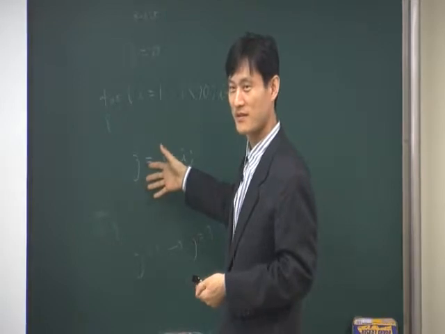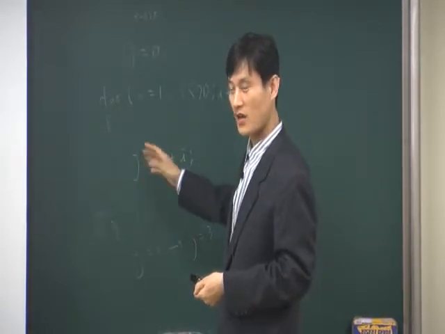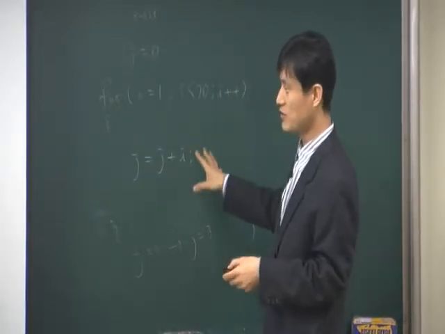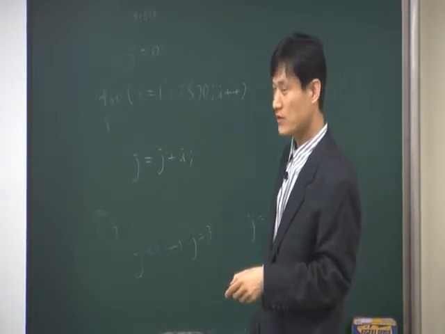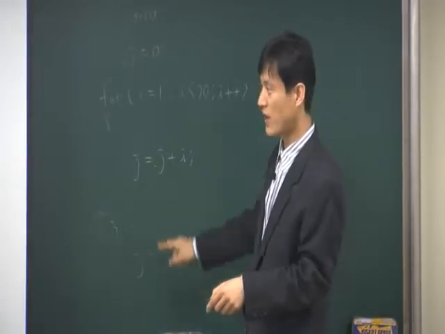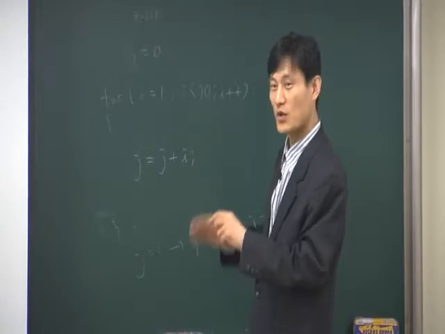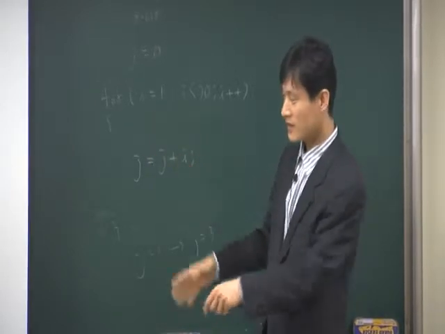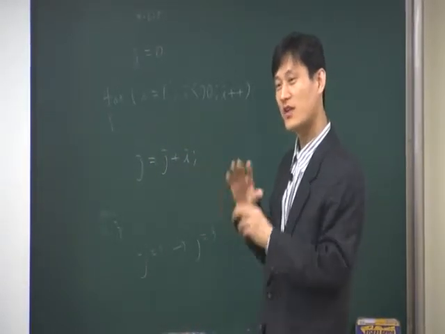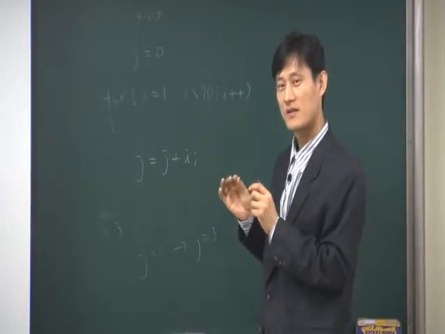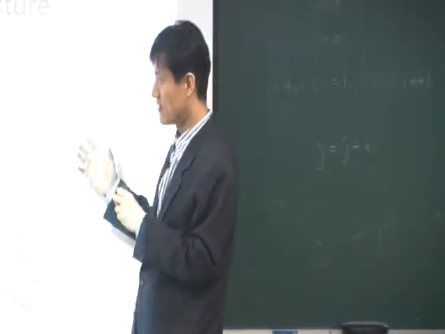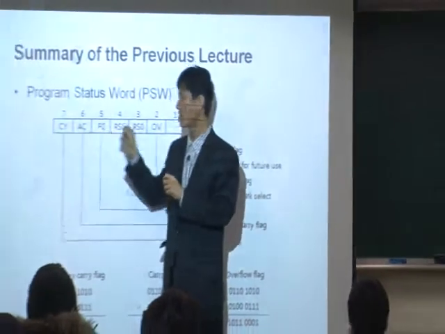So in this kind of program, what do you need to do? Whenever you do addition, you have to check carry. If you don't check carry, then this happens at a certain time. You never know when it happened. So every time you do addition, somehow you need to check carry.